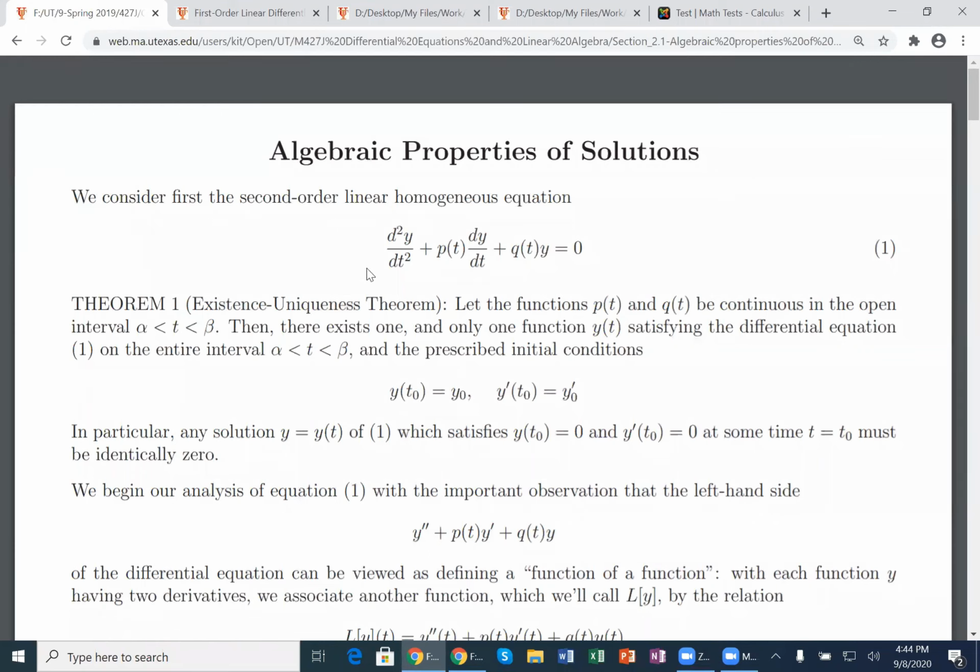Theorem 1 says that if we have this differential equation and these two conditions, the whole initial value problem has a solution. Moreover, this solution is unique. It's a very important theoretical result. It does not allow us to find this solution, but it says that the solution exists and is unique.